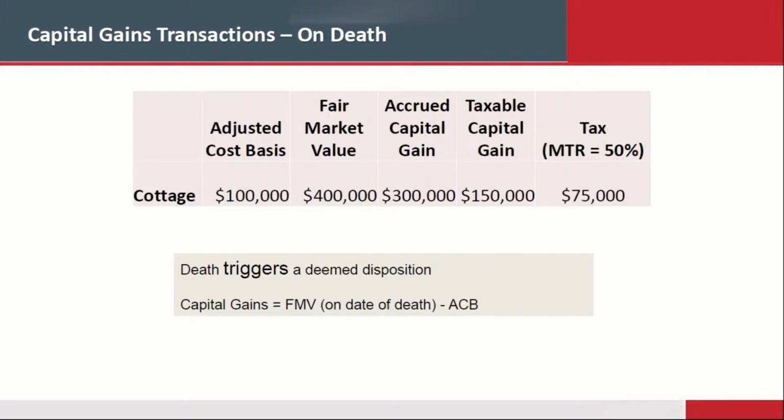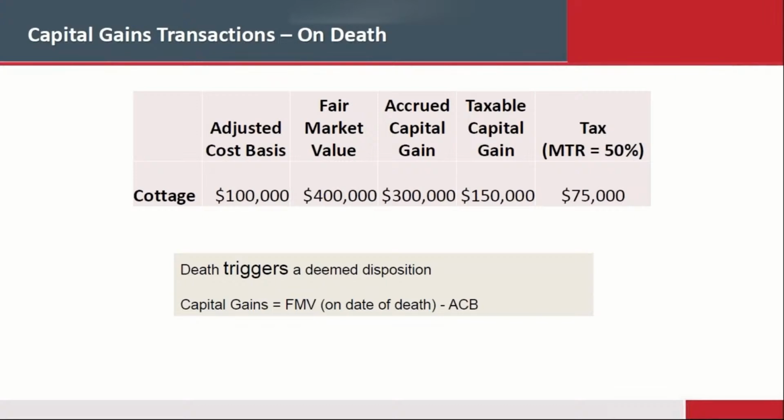So, what happens when you die? We talked about a living situation, but what about when you die? When you're dead, you are deemed to have disposed of all your worldly property at the fair market value upon your death. So there is what they call a deemed disposition.